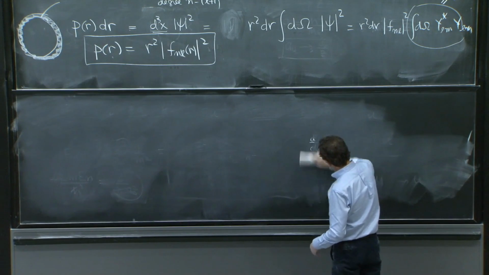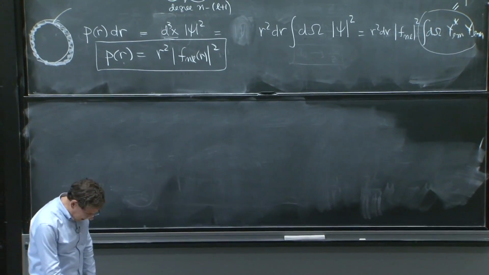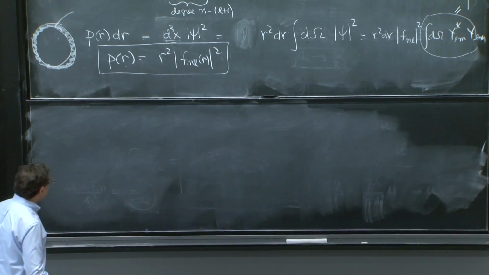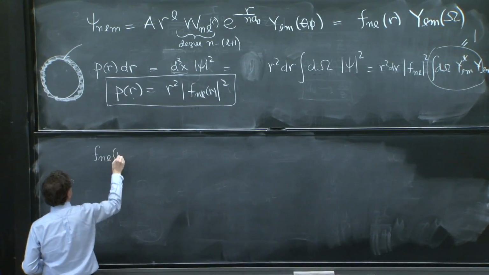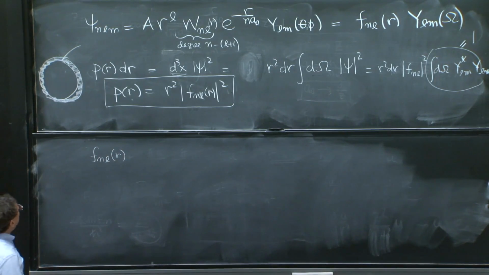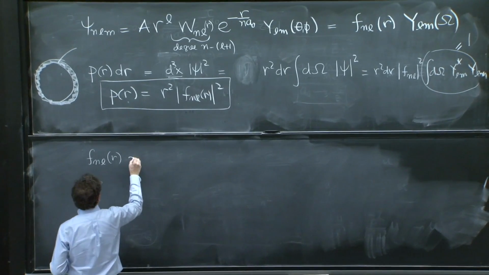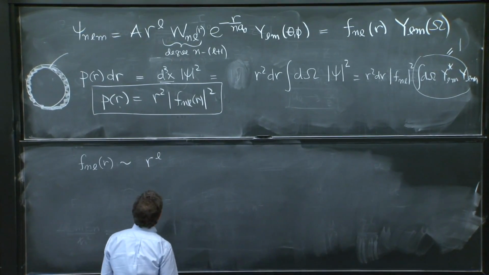Indeed, that's what is happening. Let's look at F n l. From the top blackboard, that includes r to the L times that polynomial.